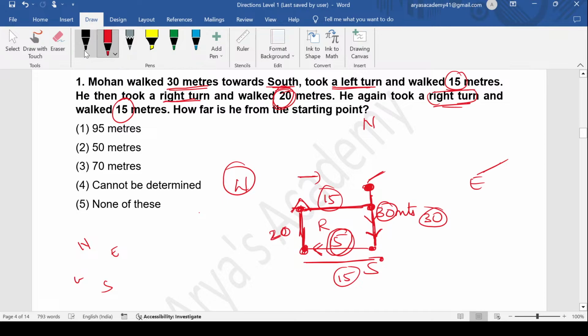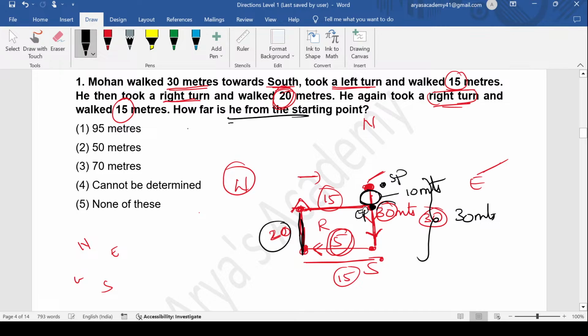So if you understood the question, this was my starting point, and at the end I am here. This is my ending point. The total value is 30 meters, and this value is 20 meters. The gap between 30 and 20 will be obviously how much? 10 meters.